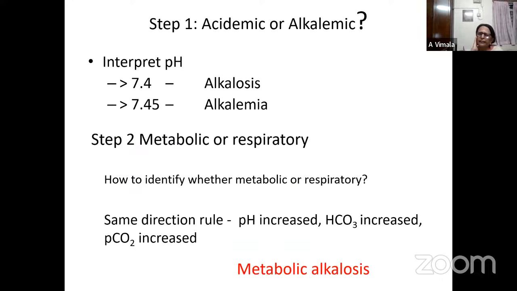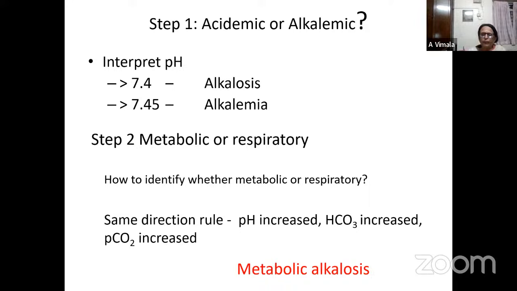So as we discussed earlier, first step is to find out whether it is acidemia or alkalemia. You have to look at the pH. If pH is more than 7.45, it is alkalemia. This child has a pH of 7.46, so the child has alkalosis.